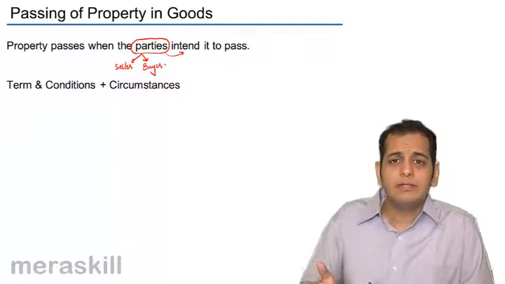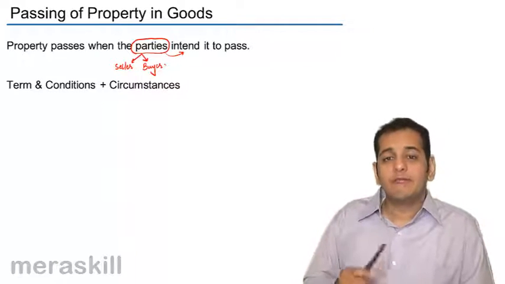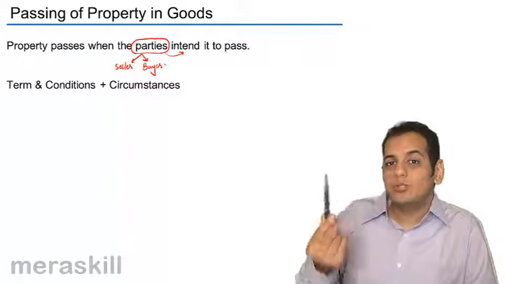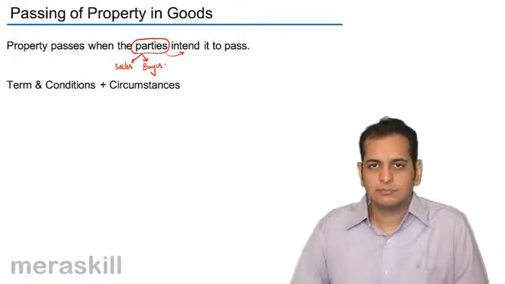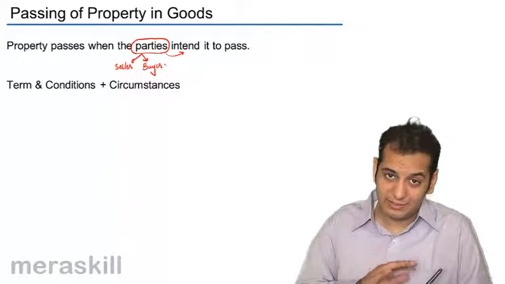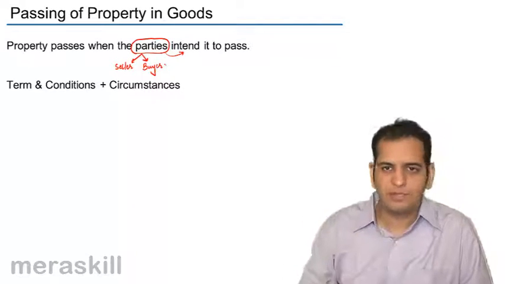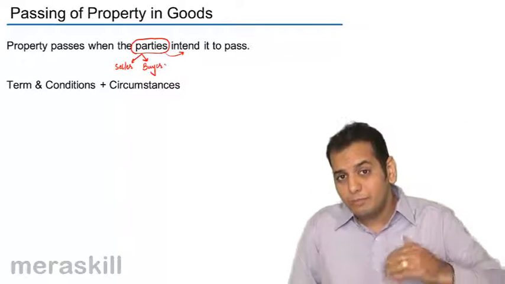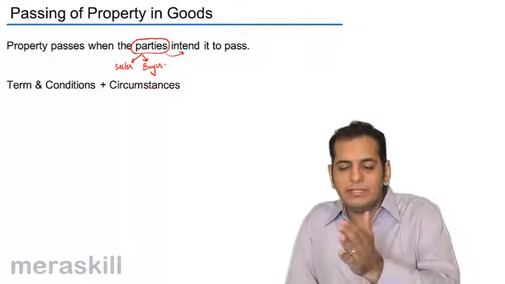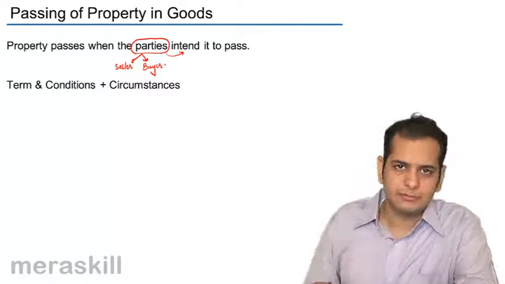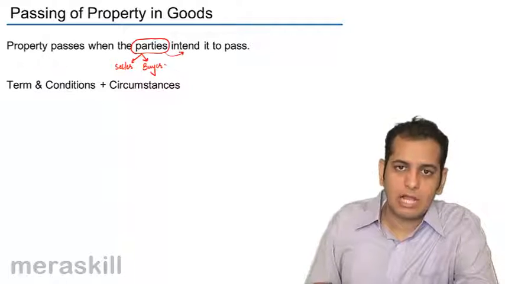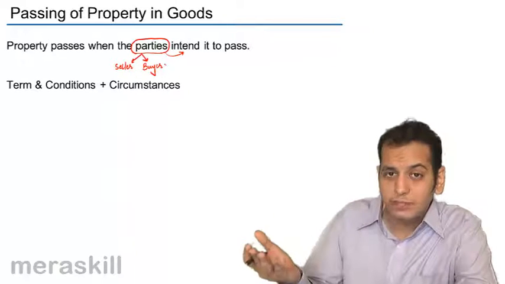But let's say we both tell each other that we intend that the ownership should get transferred after a week. If nothing is mentioned, probably it will get transferred there and then. But if we both intend that the property in the goods should transfer after a week, then when would it get transferred?